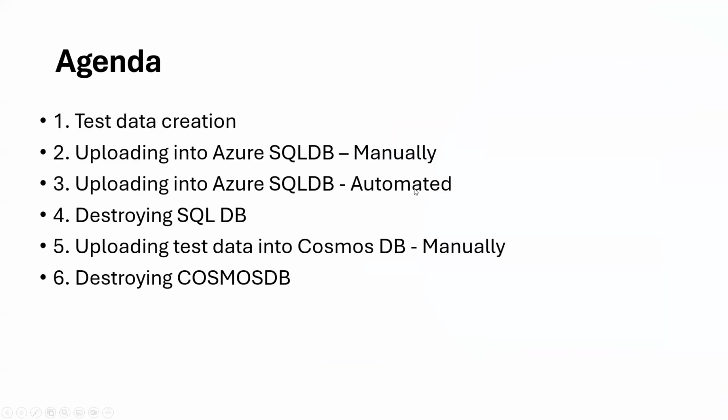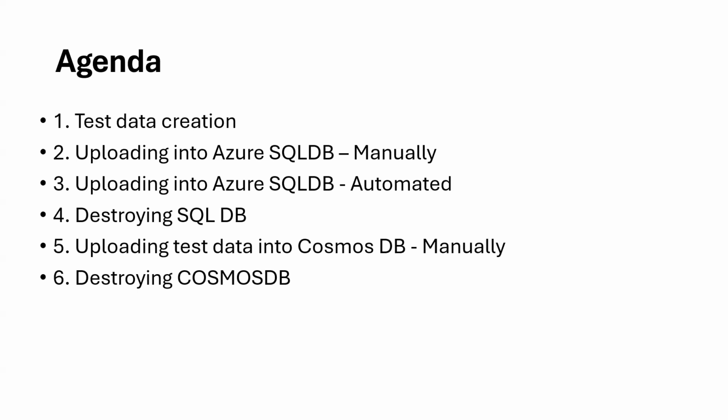Let's start with the agenda. First, we are going to discuss test data creation: what our data requirement is and how our data looks in the database. Next, we will discuss uploading into Azure SQL DB.